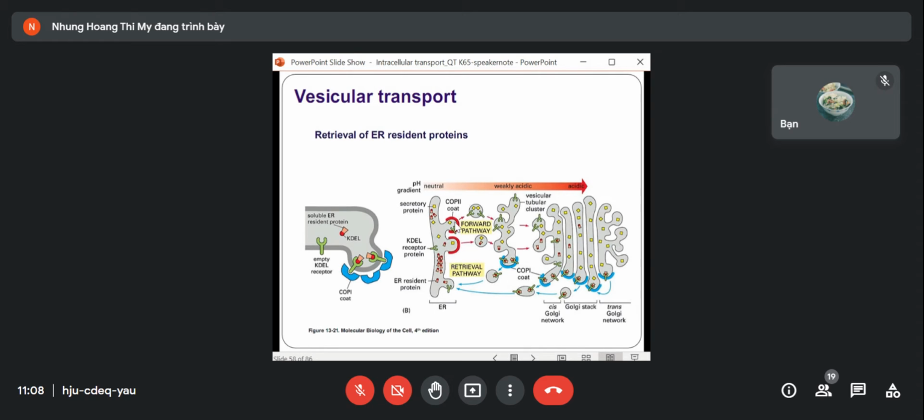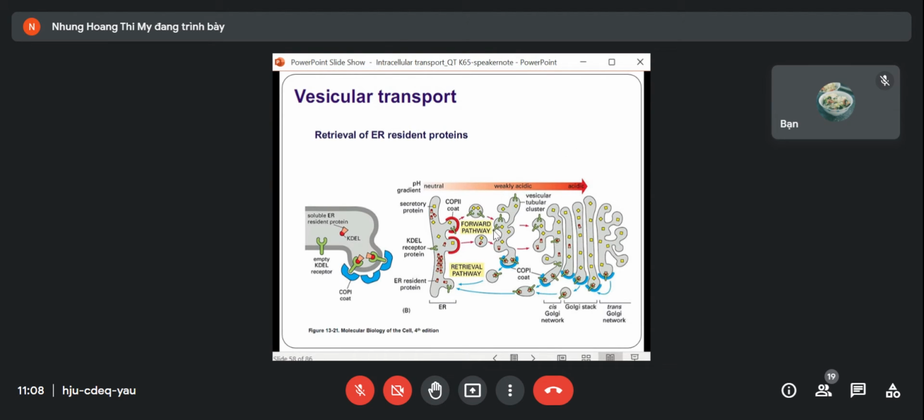And in the other vesicle, they also take the KDEL receptor on the ER membrane together with the cargo protein. So both types of these vesicles will be transported from the ER to the Golgi apparatus.